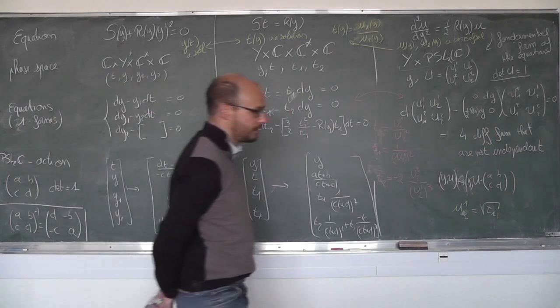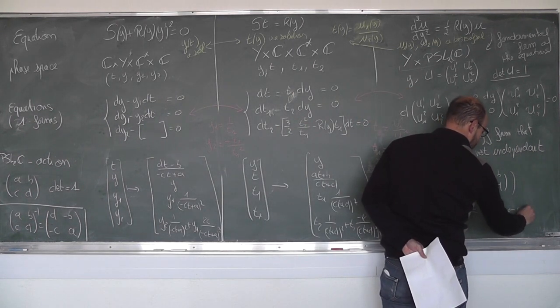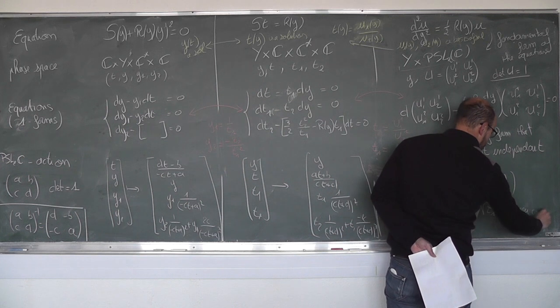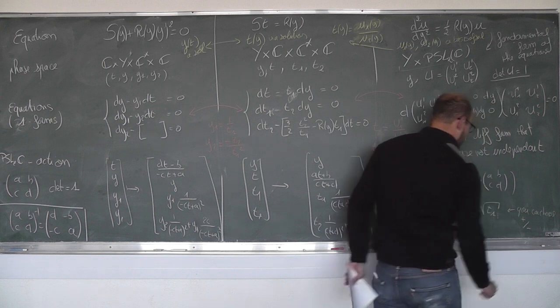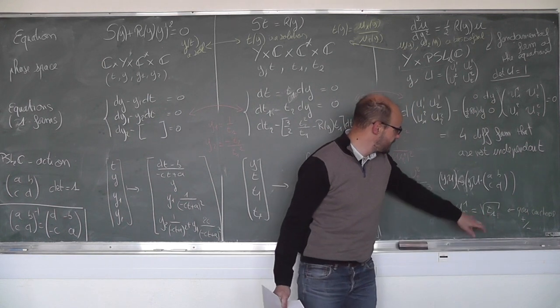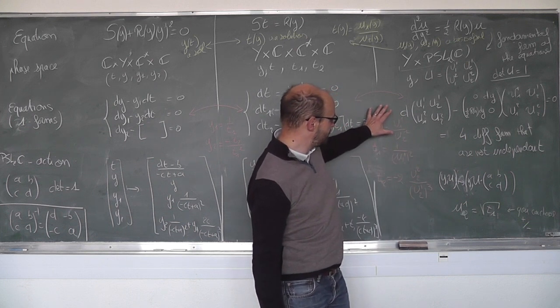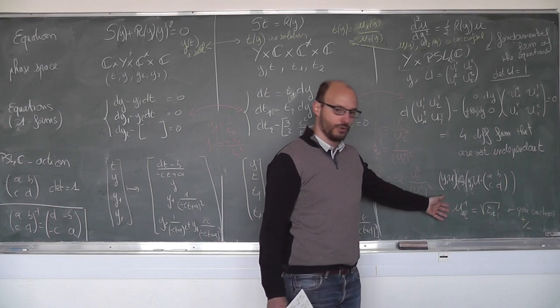So you can choose two ways, plus or minus the square root. If you choose one, you have another choice that is a minus. But if you write all the formulas, you will see the square roots of t1 appearing in all the formulas.